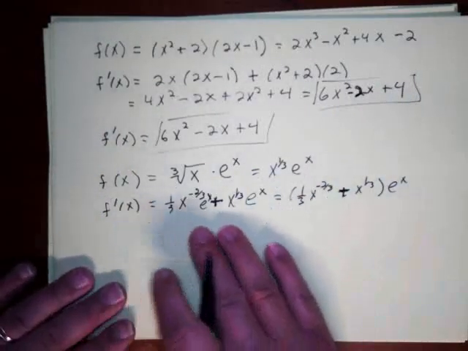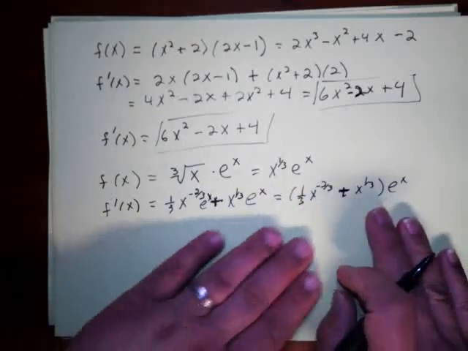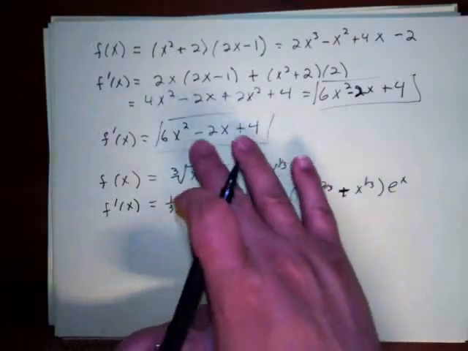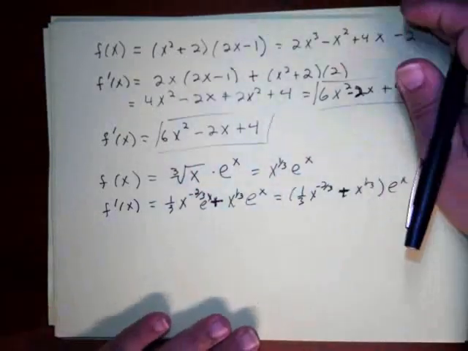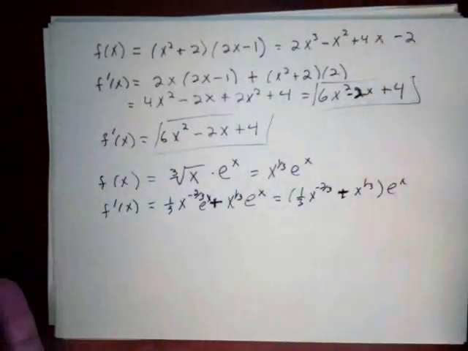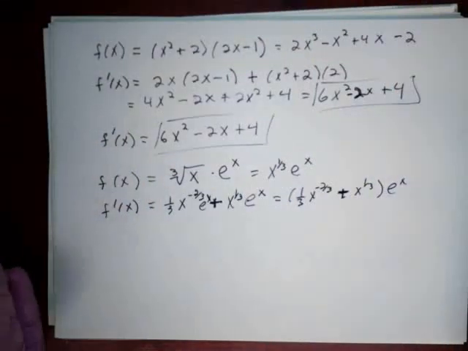So you don't have to simplify these derivatives. With the product rule, you can get a big messy thing. You can keep it. What you do with the derivative depends on what you're using the derivative for.